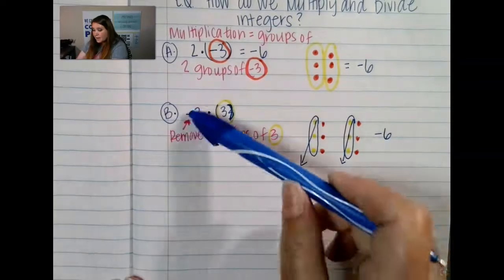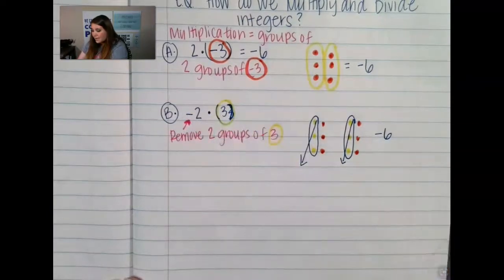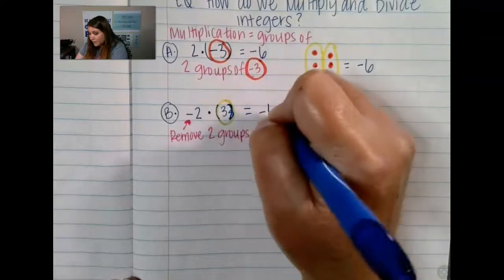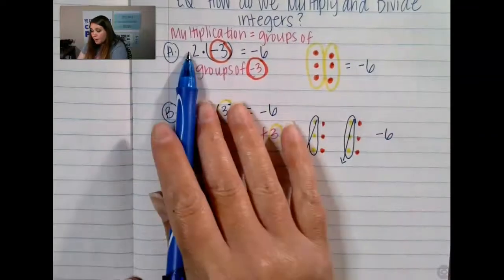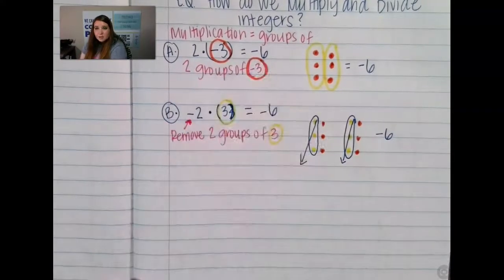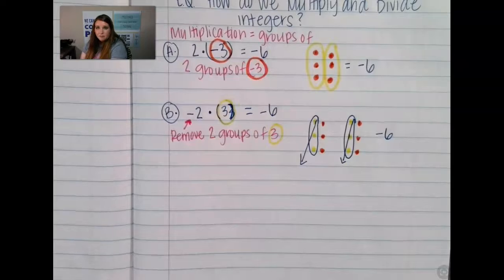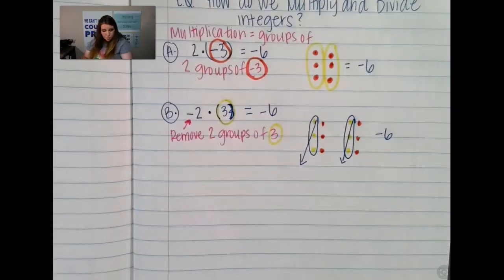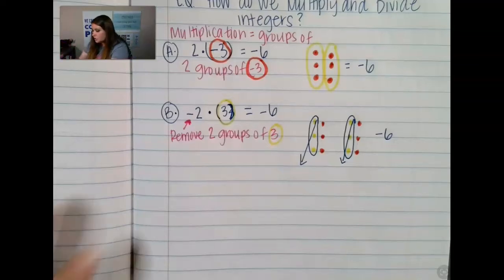So when I had a negative times a positive, it gave me a negative. When I had a positive times a negative, I also got a negative.